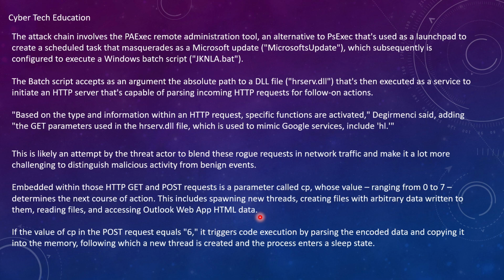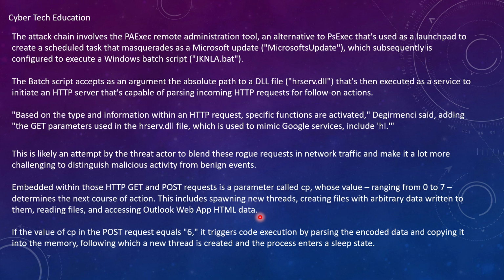So the attack chain involves the PAExec remote administration tool, an alternative to PsExec, which is used as a launchpad to create a scheduled task that masquerades as a software update, like Microsoft Update something, which is subsequently configured to execute a Windows batch script known as jknla.bat.